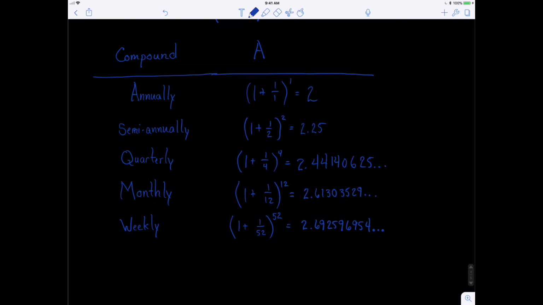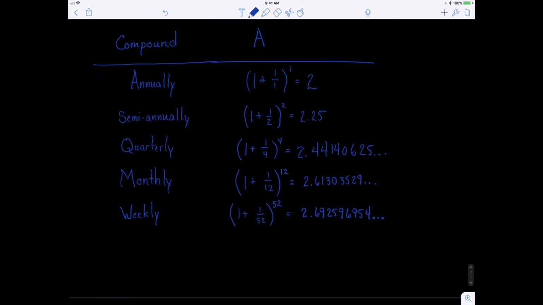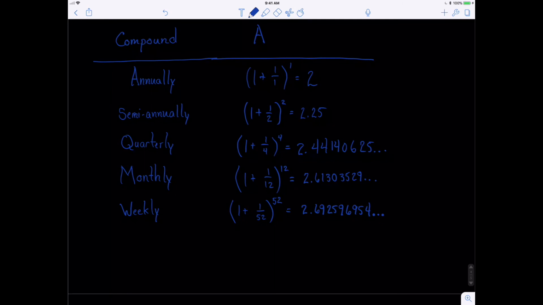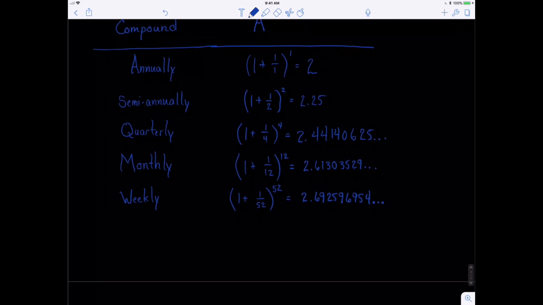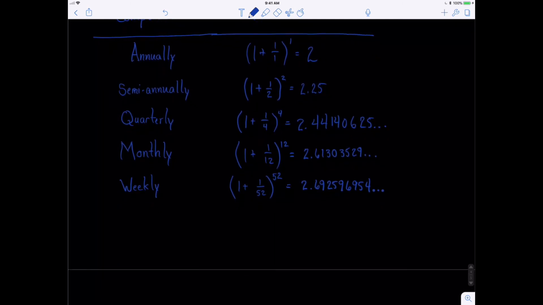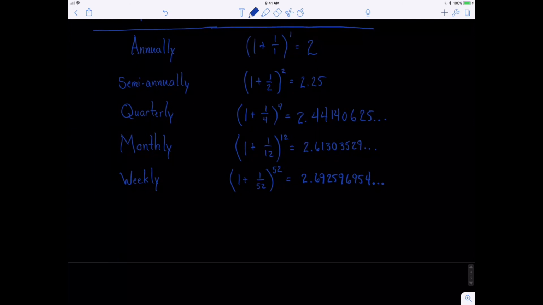So the question is what if you continue this out to each day, each hour, each minute, each second? You should try those and see what happens. What happens is kind of interesting. You don't keep making more and more money. At some point it stops.